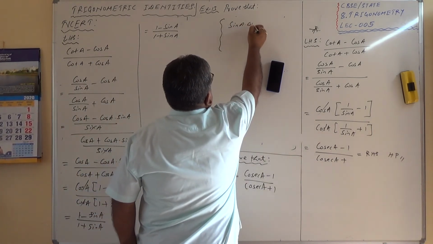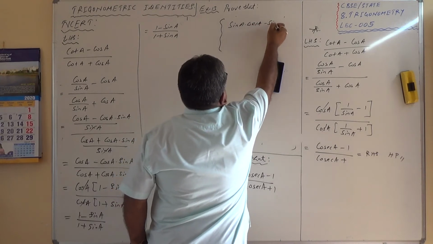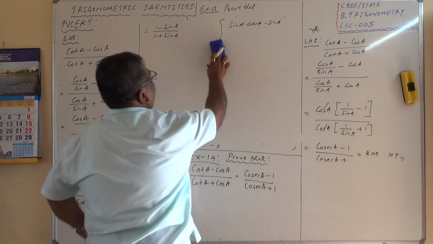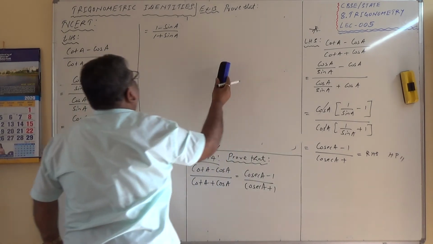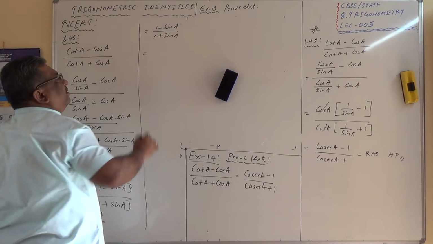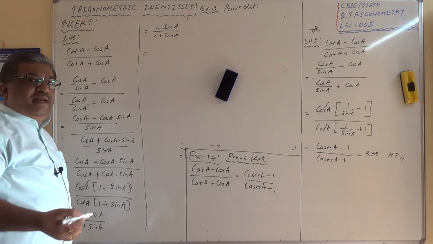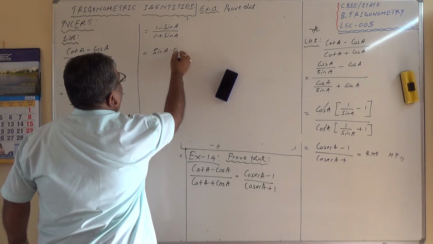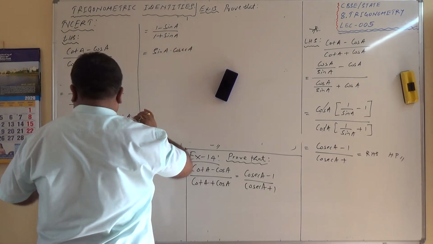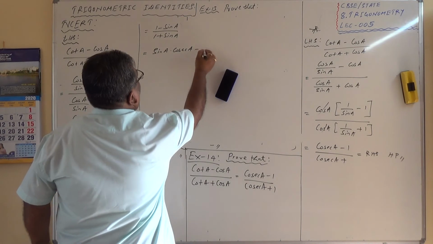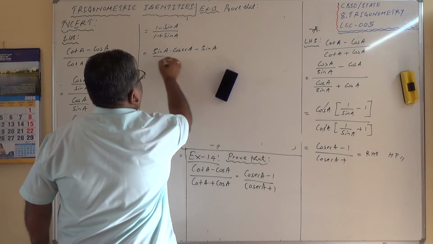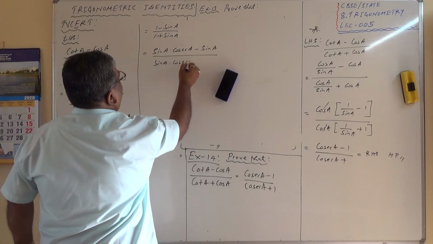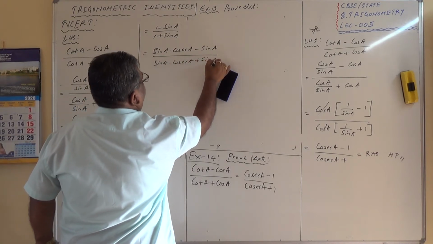Sin A into cosec A minus sin A. Yes, I can do a little bit different one. See here, can I write 1 as sin A into cosec A? Sin A into cosec A minus sin A, the whole divided by sin A into cosec A plus sin A.